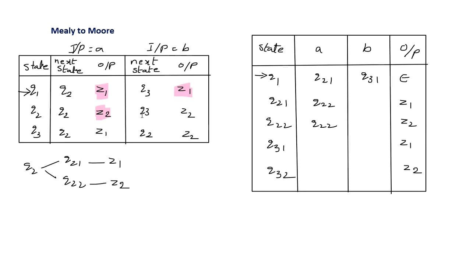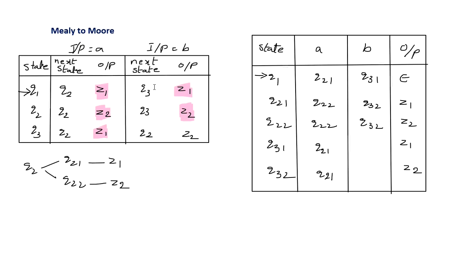Q2 on B, it is moving to the state Q3 and the output here is Z2, and Z2 output is given by Q32, so here we need to write Q32 and Q32. Q3 on A, it is moving to the state Q2 and the output here is Z1. So Z1 is produced by Q21, so here we need to write Q21 and Q21.